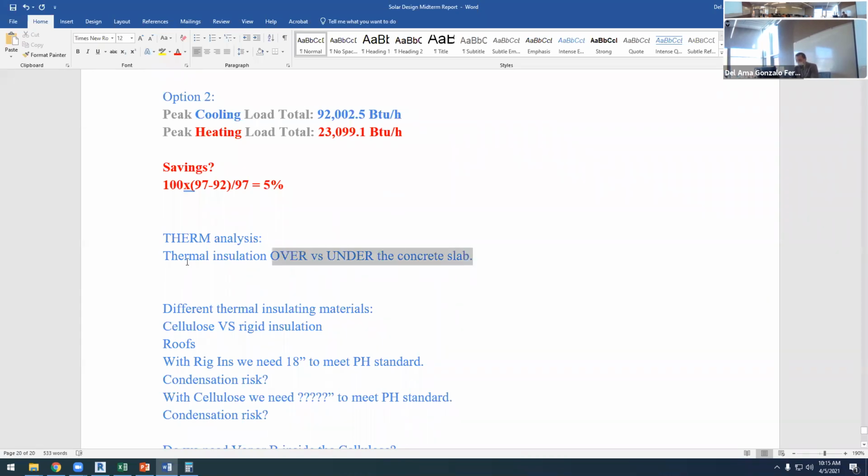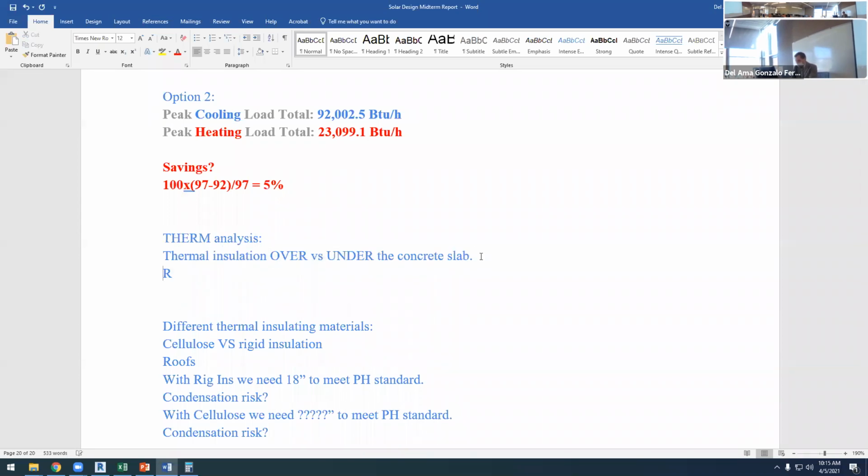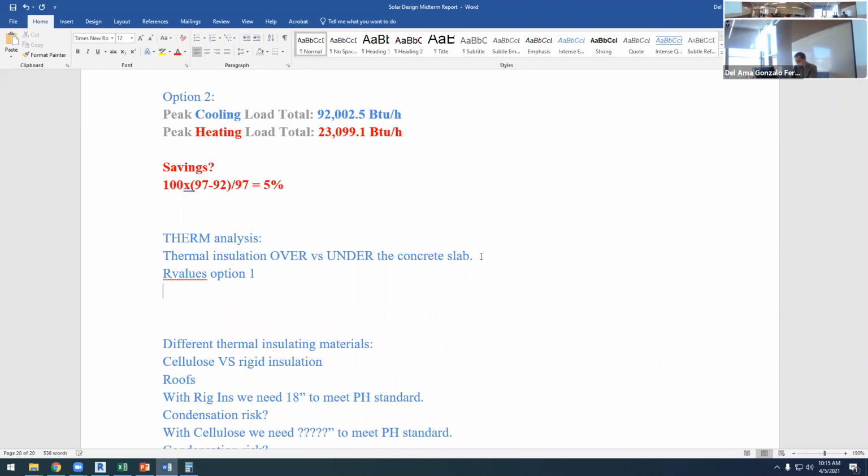Okay, and if you compare these two options, which option is better and why? We have to look at the R values. Option 1 and the R values, option 2.